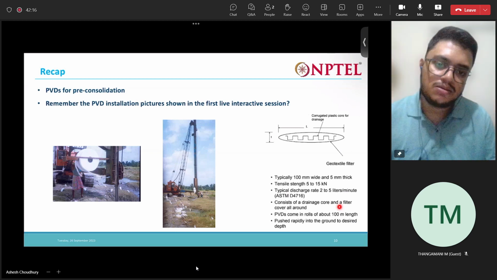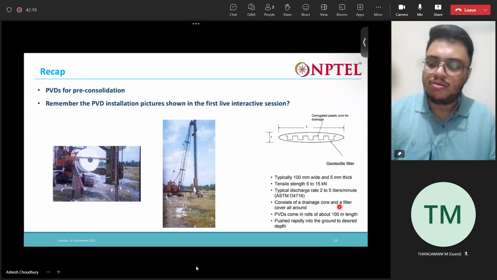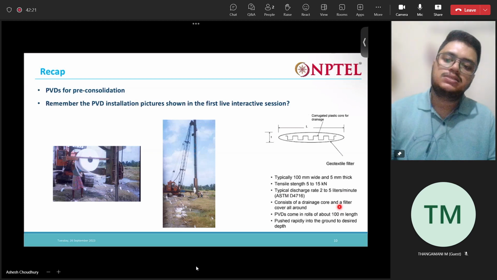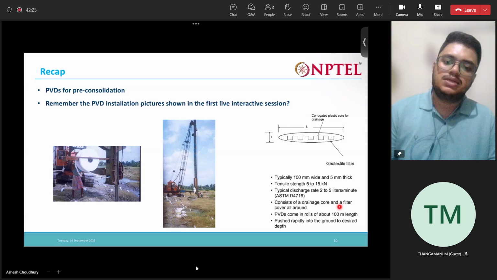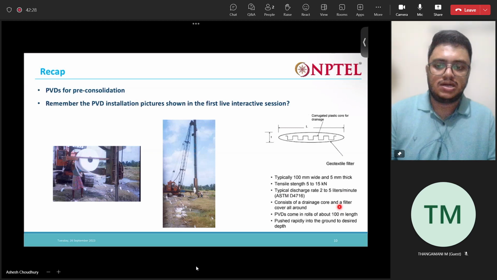But the purpose is the same: drainage of water, and finally leading to accelerated consolidation.